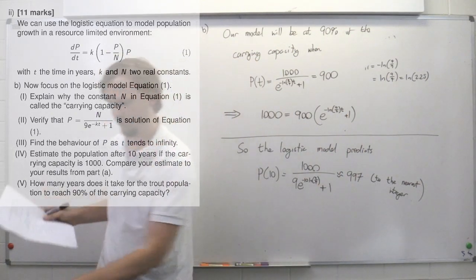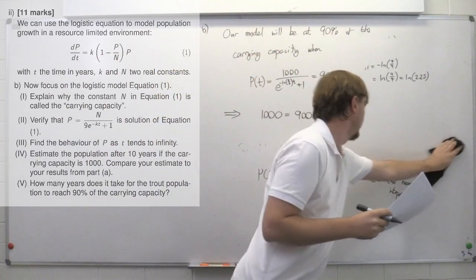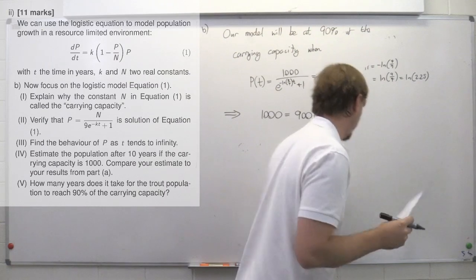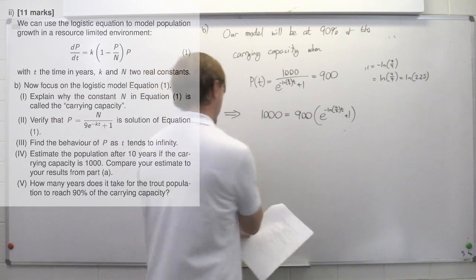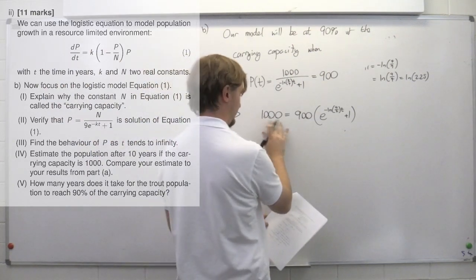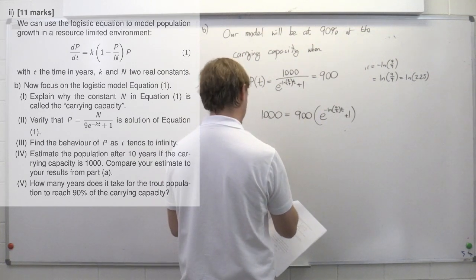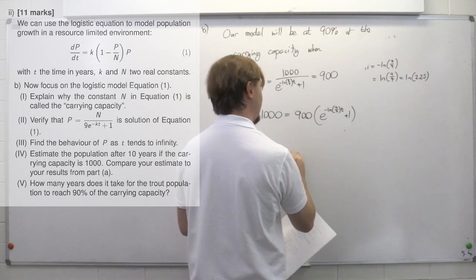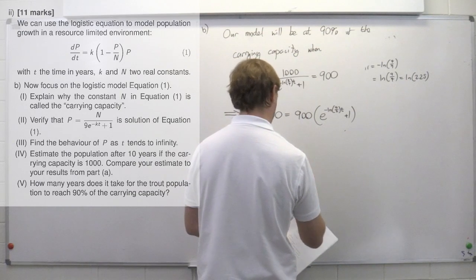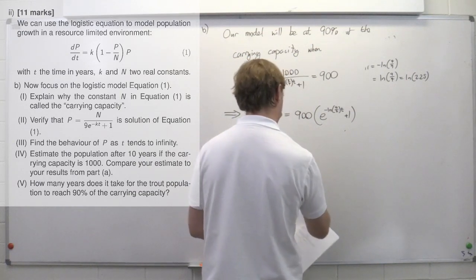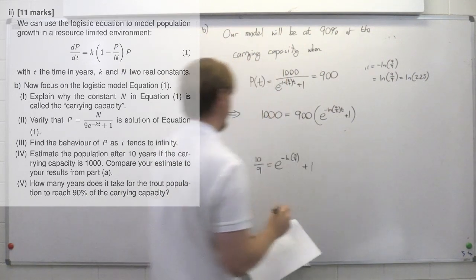And we can isolate the exponential by itself and finally take a log. So this is just a little bit of algebra. It's not really too much to it, but let's just do it. I should really divide by that 900 to give me 10 over 9 is going to be e to the minus log 9/4 t, plus 1.